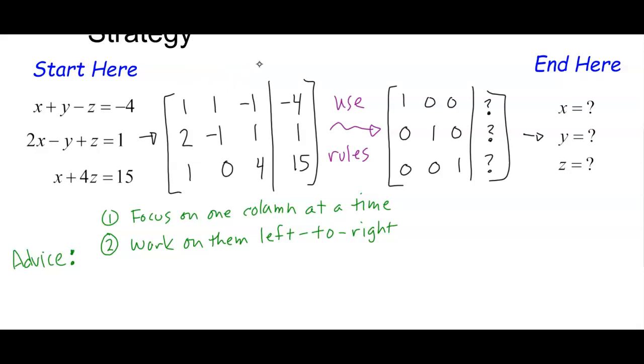That's what I'm talking about. And then my third piece of advice is, as you are working in each column, your target that you should begin with is to get the appropriate 1 that that column needs to have first, and then get the zeros. So get the 1 first, then get the zeros.